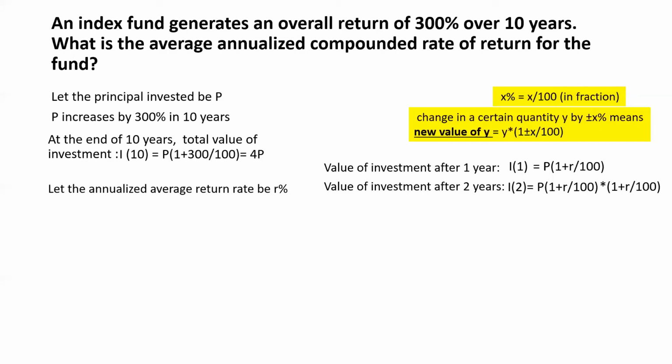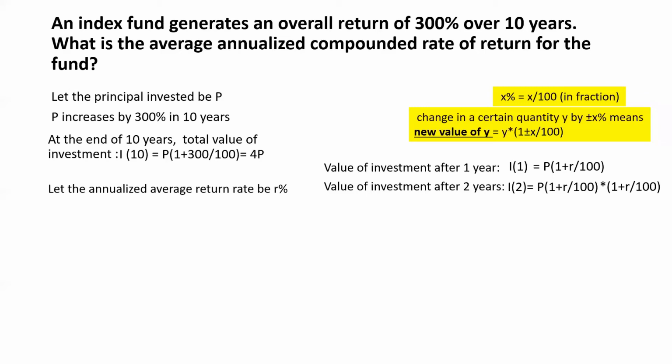If you want to relate this to the formula in the yellow highlight, your Y was P multiplied by 1 plus R by 100, and X is simply R, and it's an increase, right? So that's how we get this.